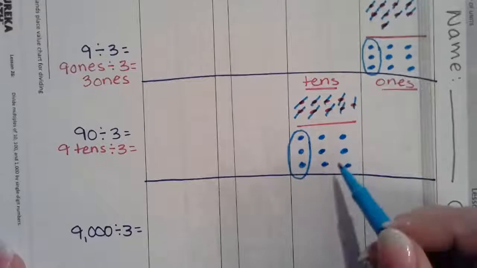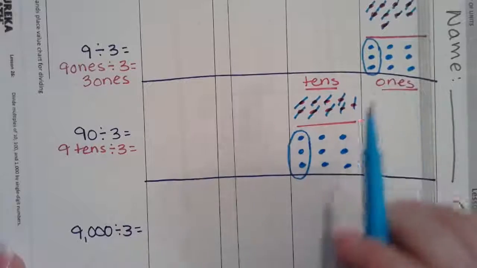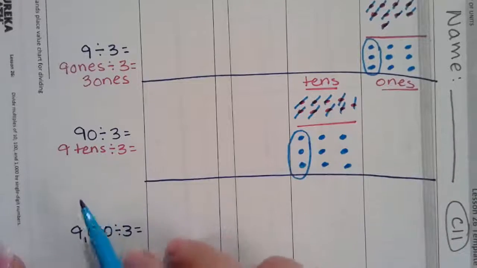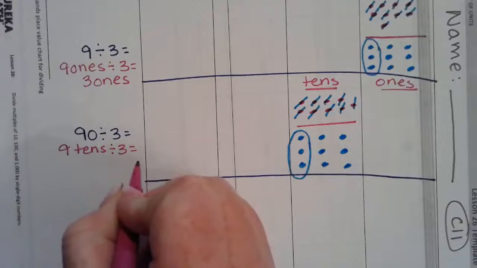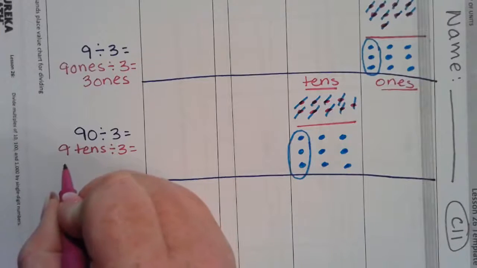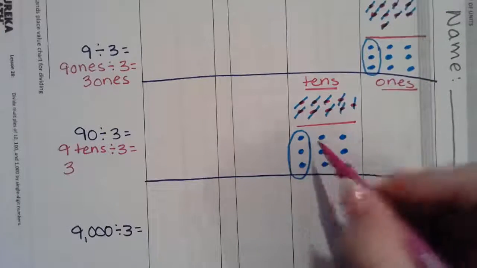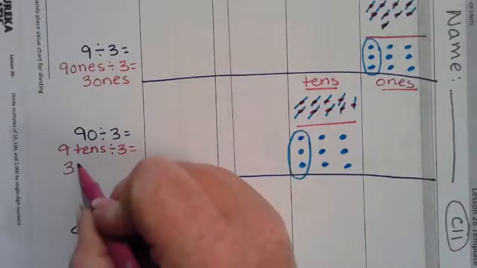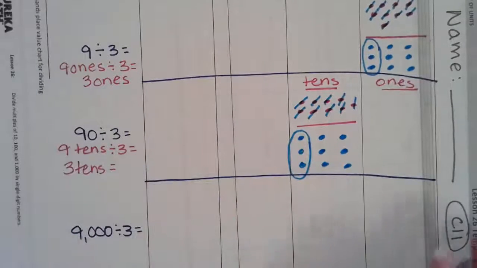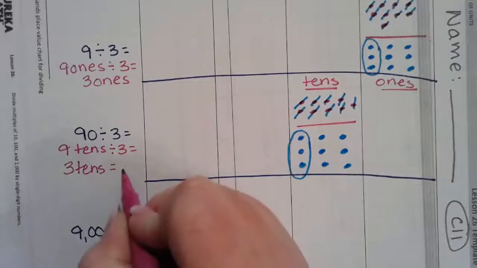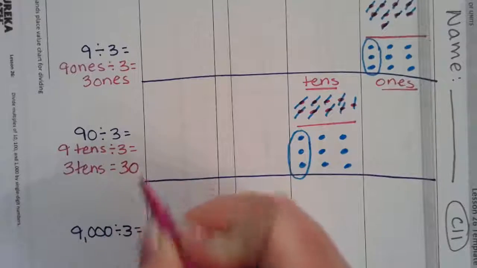Alright, so I have my 9 tens grouped into 3 groups, and again, 9 divided by 3 is still 3, but this time I don't have 3 ones in each group, I have 3 tens in each group. So 9 tens divided by 3 is going to now be 3 tens. Alright, and 3 tens is equal to what? 3 tens is equal to 30.